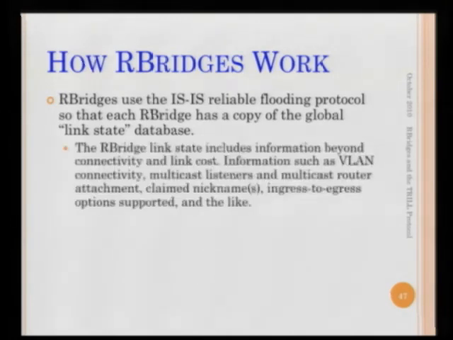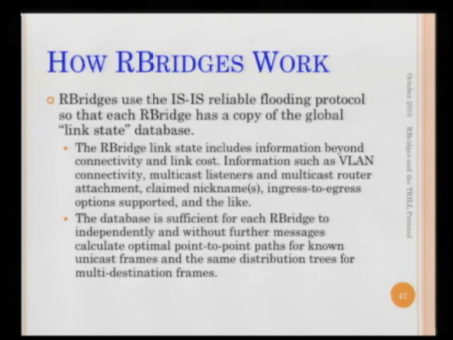But you can have other things in there which are distributed, and for RBridges it includes a number of other pieces of information such as what VLANs each RBridge has end station connectivity with, where there are multicast listeners and multicast routers. It's used for the nickname arbitration. It's how the unique nicknames are derived for each RBridge across the campus, what options are supported, and so on.